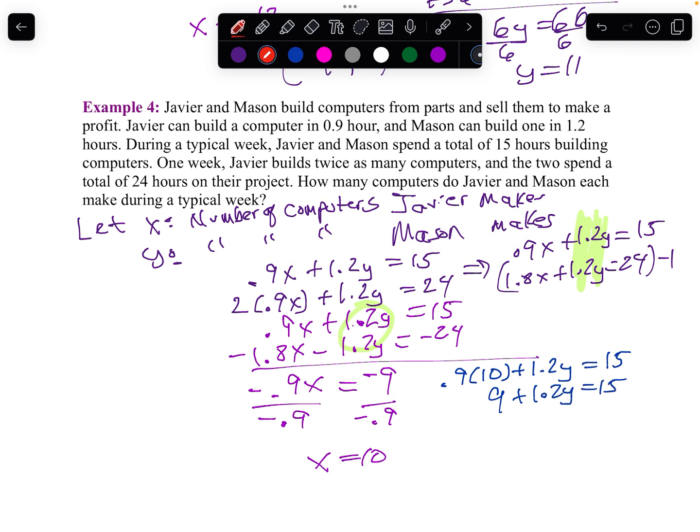Let's subtract 9 from both sides. 1.2y equals 6. So I'll divide by 1.2. So 6 divided by 1.2 is what? We get 5.